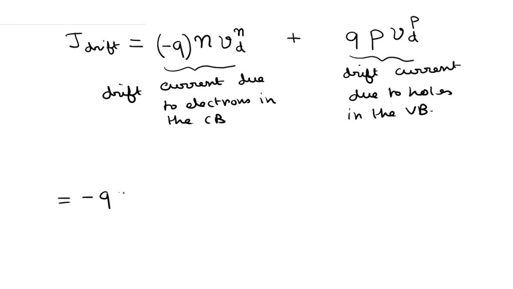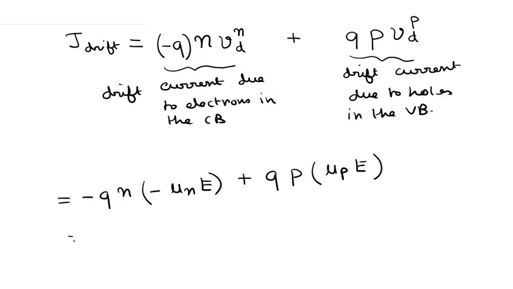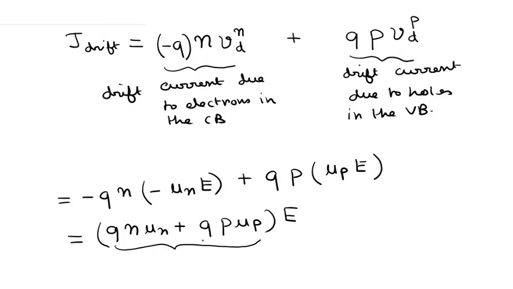So minus q n times minus mu n E, plus q times p times mu p into E. So this becomes q n mu n plus q p mu p times the electric field E. Now this quantity, q times n times mu n plus q times p times mu p, is also known as the conductivity, which is denoted by the letter sigma. So this is the conductivity.